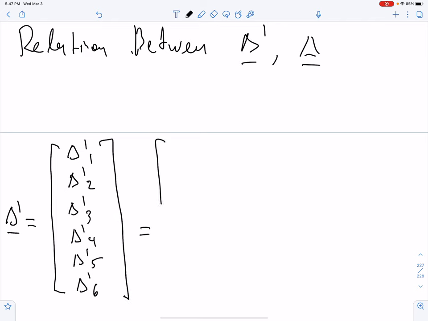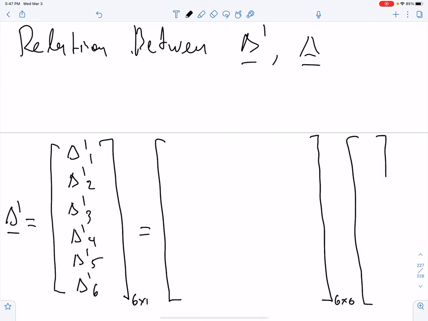Now I want to express this, a 6 by 1, by a 6 by 6 matrix times a 6 by 1 vector of the displacements, or generalized displacements, in the global coordinate system: delta 1, delta 2, delta 3, delta 4, delta 5, and delta 6.